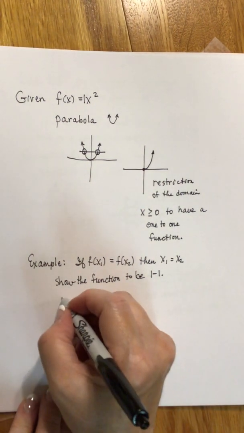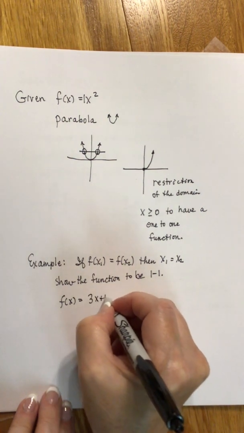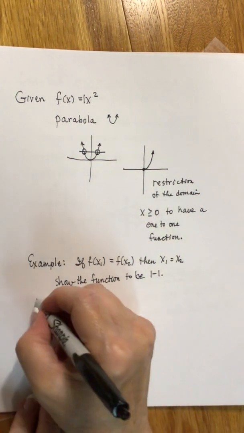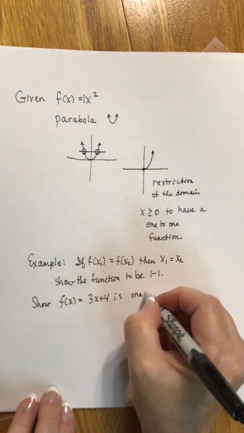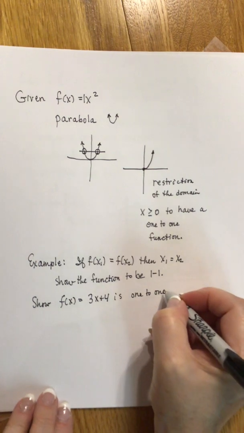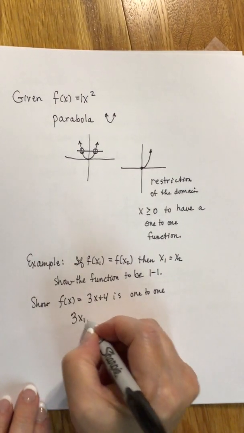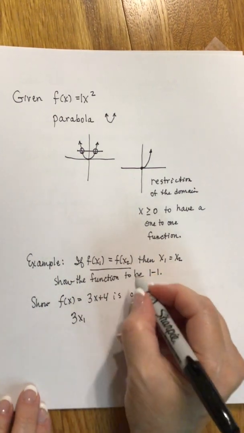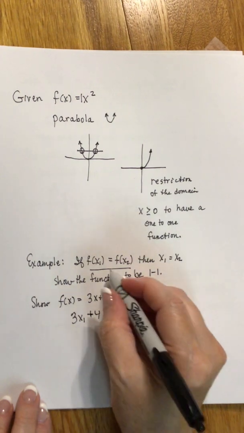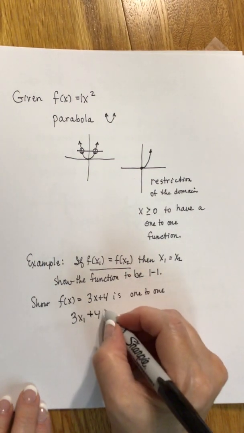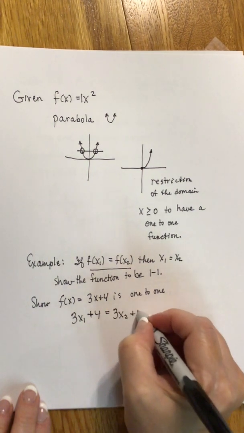Okay, so if I have f of x equal to 3x plus 4, and I want to show that that is one-to-one, then we're going to say 3x sub 1 plus 4, because we're plugging into here, that's f of x sub 1, and we have 3x sub 2 plus 4.